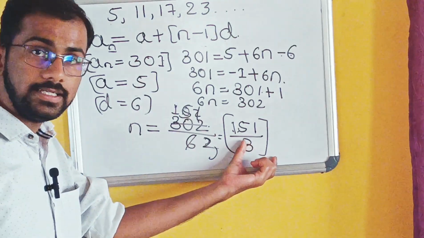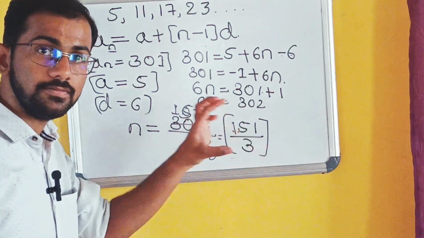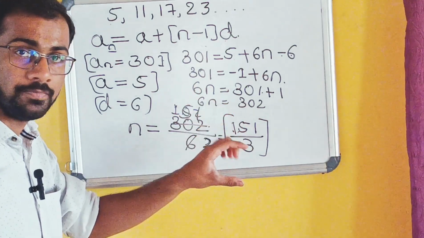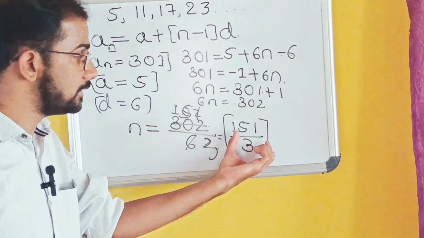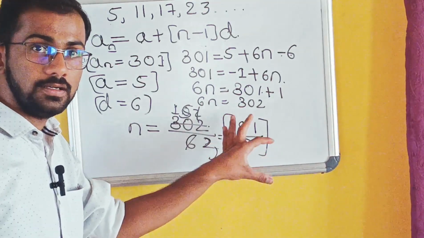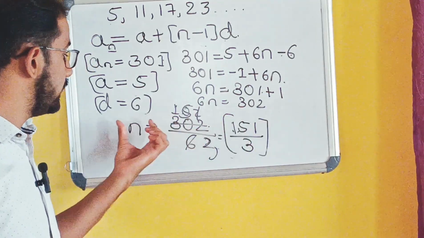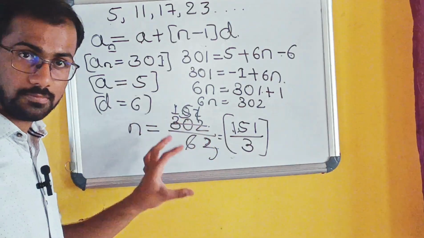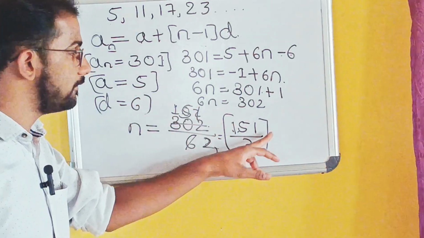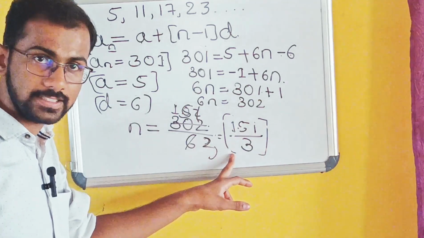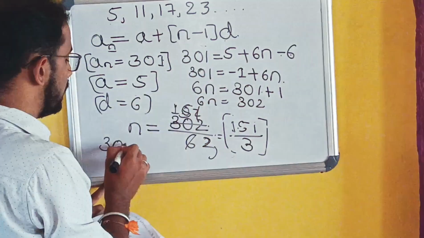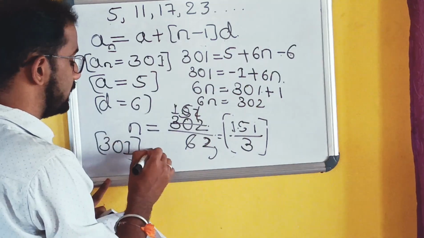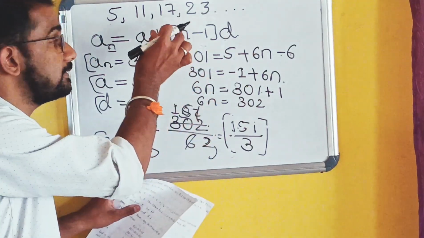Here n should be a whole number value, not a fraction. But here we have got a value as a fraction. That's why 301 is not present in this sequence.